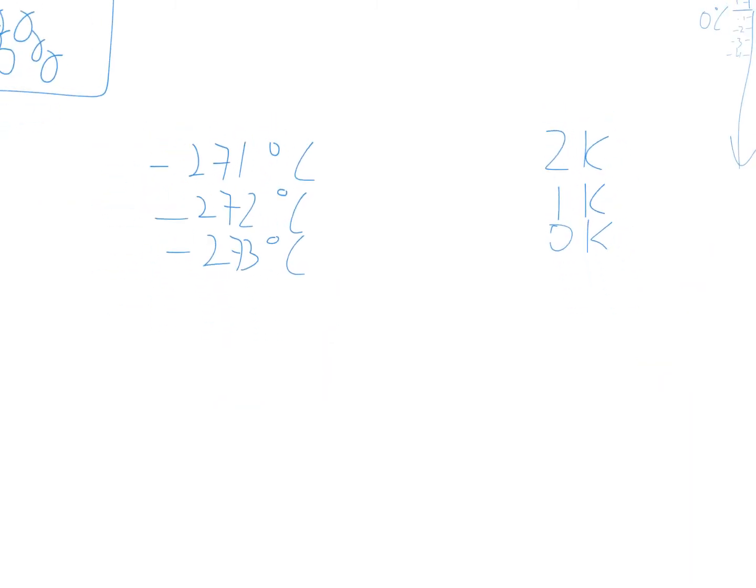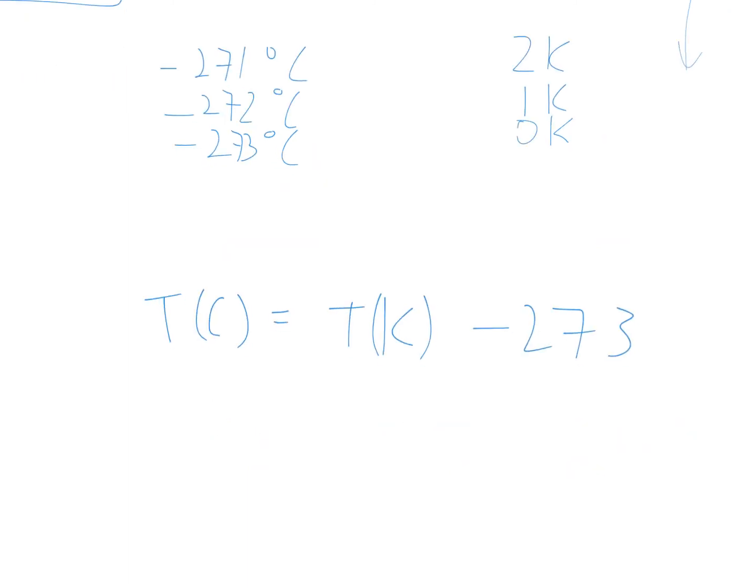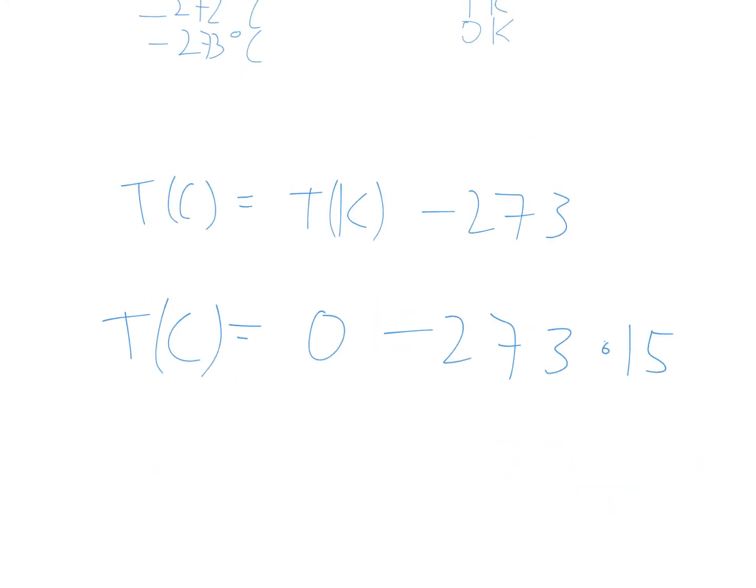So if we want to make a formula for this, we can just think, well, the temperature in Celsius is going to be the same as the temperature in Kelvin, just take away 273 and see if that works. So for example, if the temperature in Kelvin is 0, then to get the temperature in Celsius, we get 0 and we take away 273. 273.15, let's say, for the sake of being exact, right?